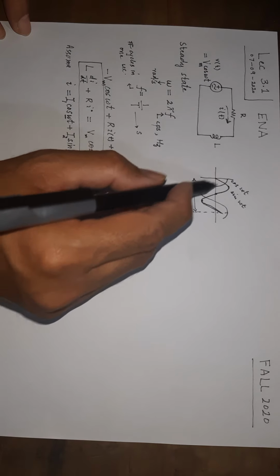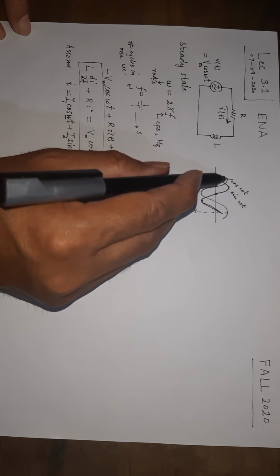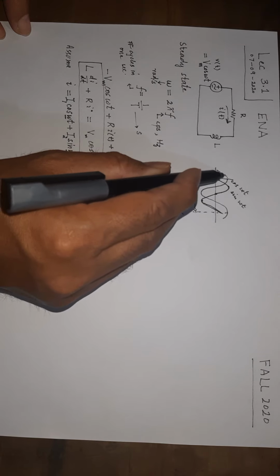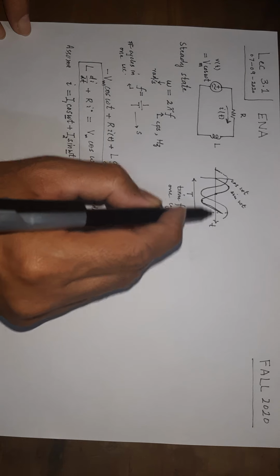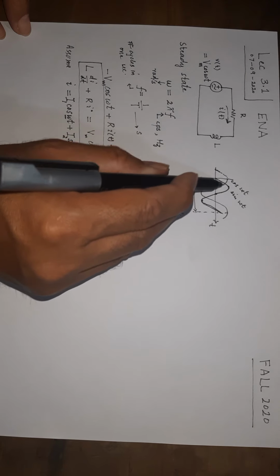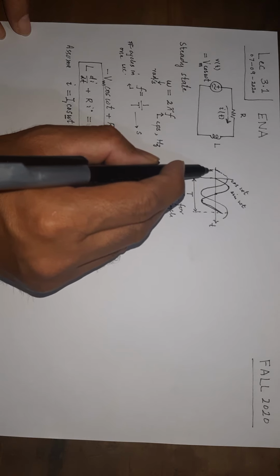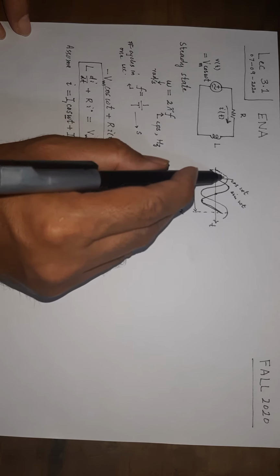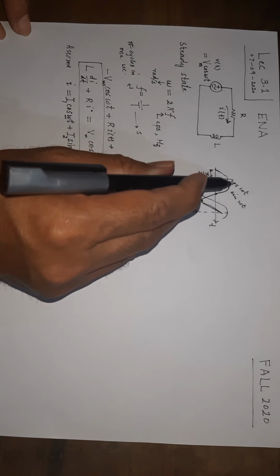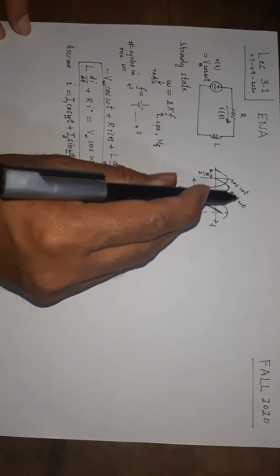If you remember these two plots, which I think nobody is going to forget, you can very easily see that if we delay, this is the time axis, this cosine function by what amount? This is pi by 2. So if we delay cosine by pi by 2, we get the sine function.